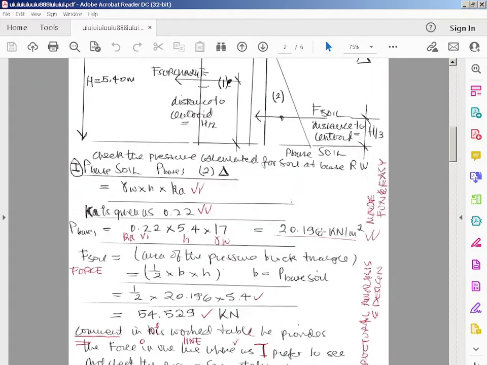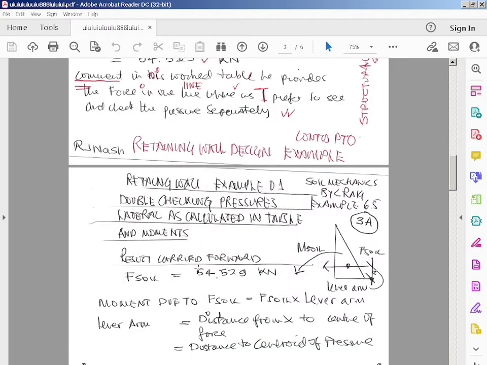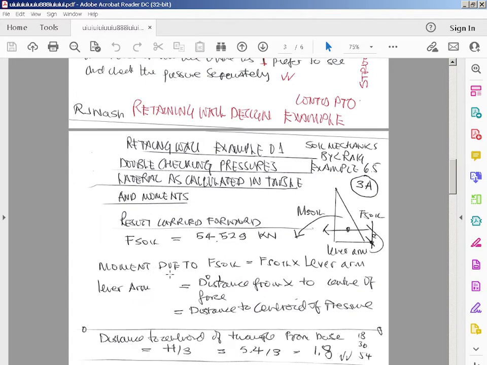What moment about X does the force of the soil give you? The result carried forward, F soil equals 54.529 kilonewtons. The moment due to F soil is F soil times the lever arm. The lever arm is the distance from X to the centre of the force, which is the centroid of the pressure.